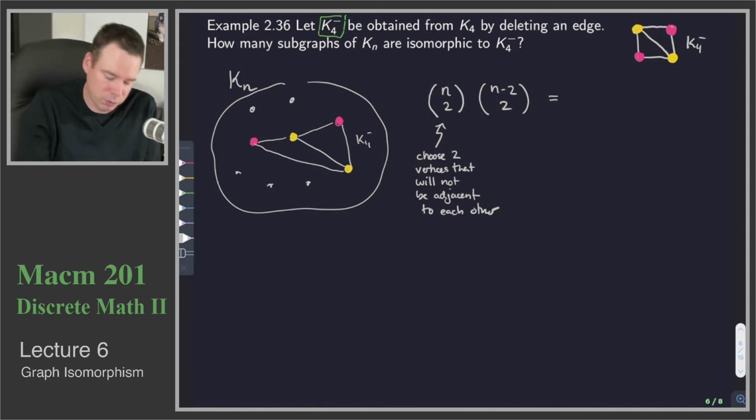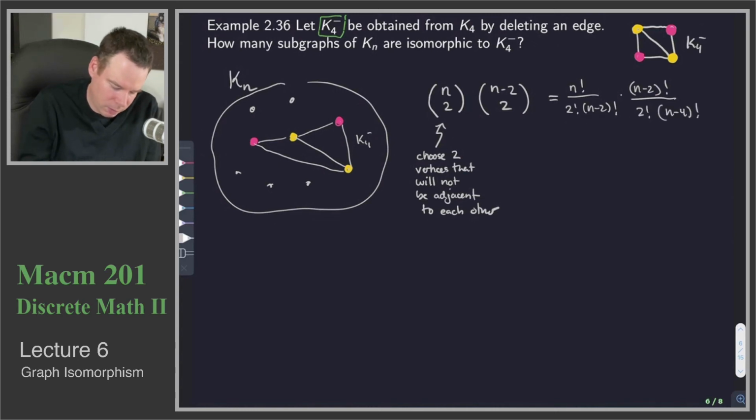What is this equal to? Well, this is n factorial over 2 factorial times n minus 2 factorial, times n minus 2 factorial over 2 factorial times n minus 4 factorial. And I can see that we get a little bit of cancellation going on here. I get those n minus 2 factorials canceling.